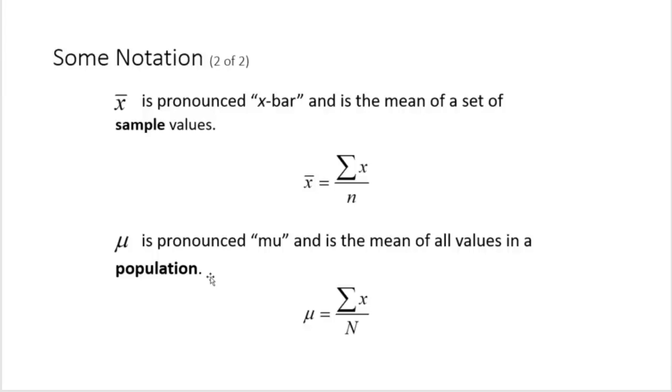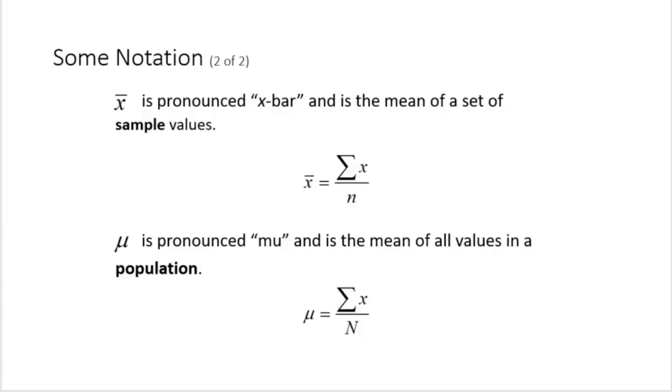Since it changes to population, the formula changes slightly. If we're doing x bar, we add all the data values from our sample, and then we divide by the number of values in our sample. If we're doing mu, we add all of the data values from our population, and we divide by the number in our population. So we see just a slight difference in notation there.